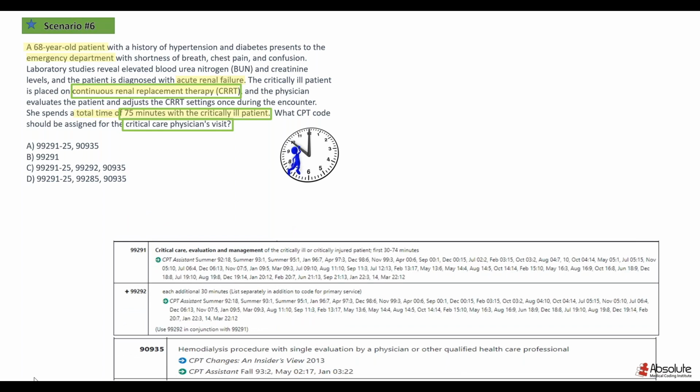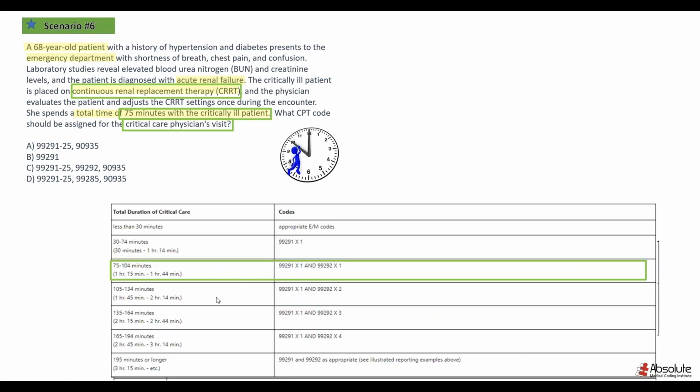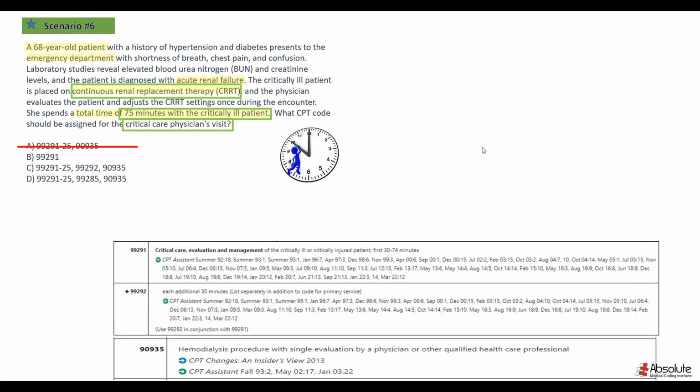And this is our critical care code table. Let's see, a total of 75 minutes of critical care service was provided. So it falls between 75 to 104 minutes, and our critical care E&M codes should be 99291 and 99292 times 1. Option A is incorrect because we have to go for 99291 and an additional 30 minutes, which is 99292.